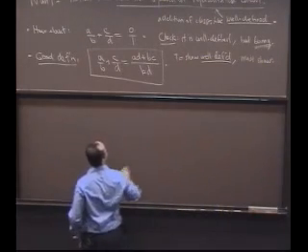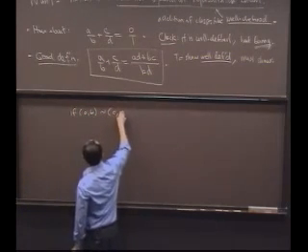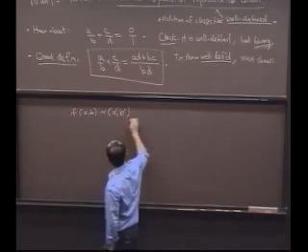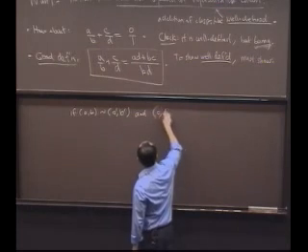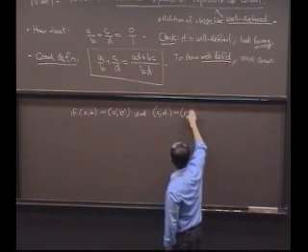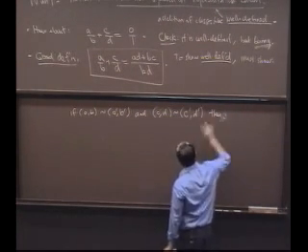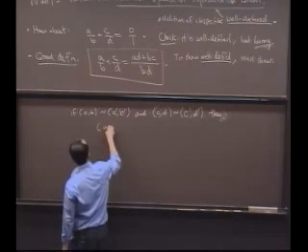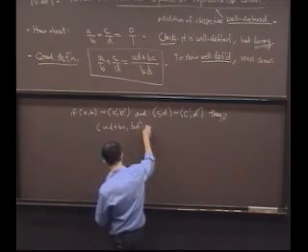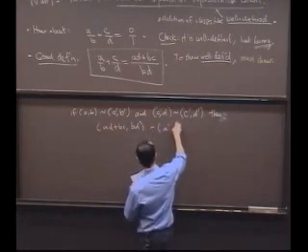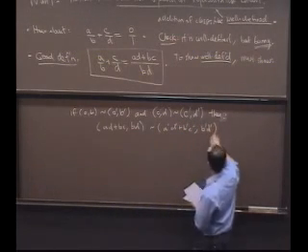So to show that it's well defined, I must show the following. If (A, B) is equivalent to (A prime, B prime), and (C, D) is equivalent to (C prime, D prime), then (AD plus BC, BD) is equivalent to (A prime D prime plus B prime C prime, B prime D prime).